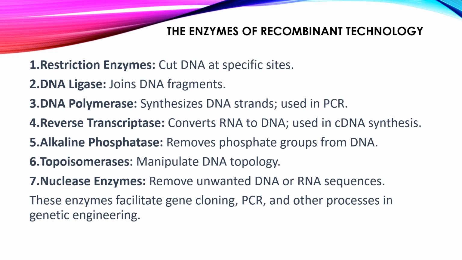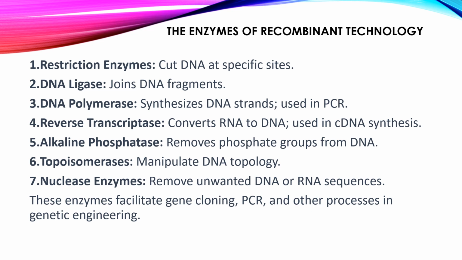Reverse transcriptase enzyme. These enzymes convert the RNA template to a DNA template. They are used in cDNA synthesis as well. Alkaline phosphatase enzymes. These enzymes remove phosphate groups from the DNA. Topoisomerase enzymes. These enzymes remove the tension created in the DNA by causing temporary breaks and rejoining, thus manipulating the DNA topology.